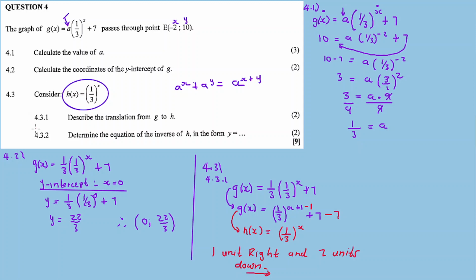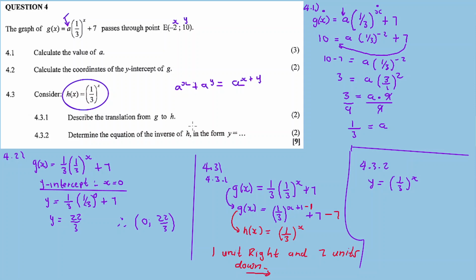Now for the last question, 4.3.2: determine the equation of the inverse of H in the form y equals. Okay, so 4.3.2, another giveaway. Again, we have H, and H equal to 1 over 3 raised to exponent x is the same as saying 1 over 3 raised to exponent x is equal to y.